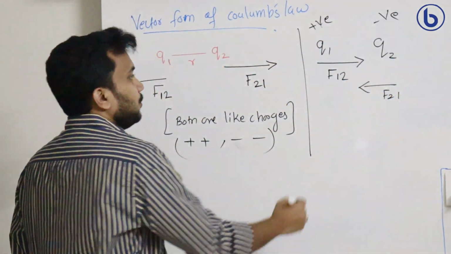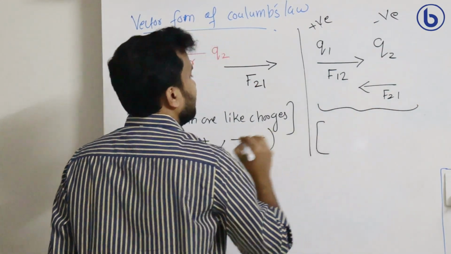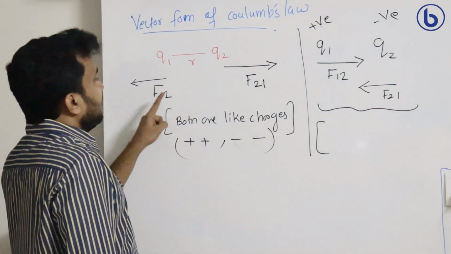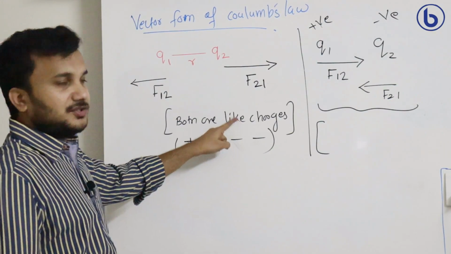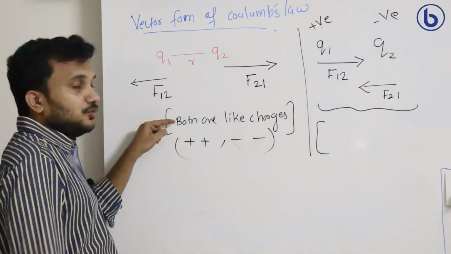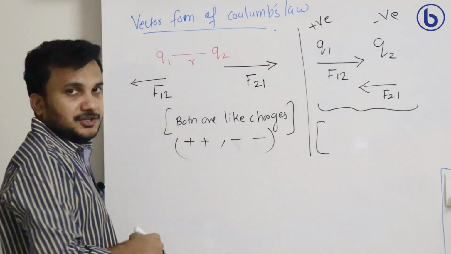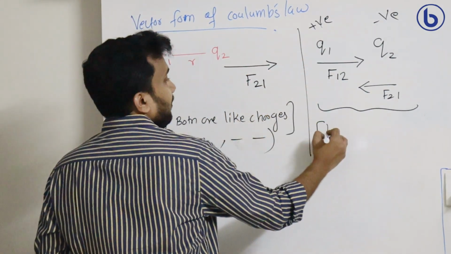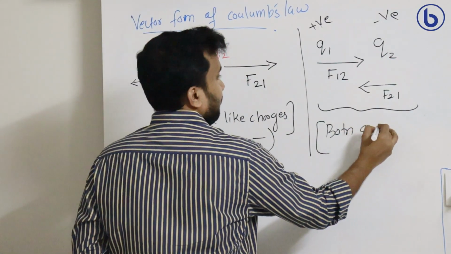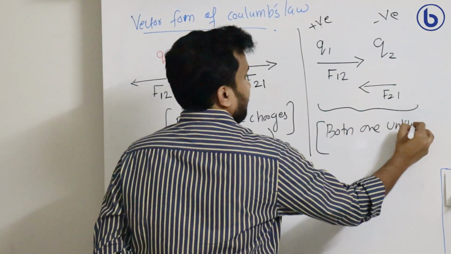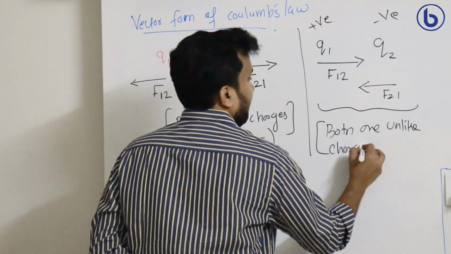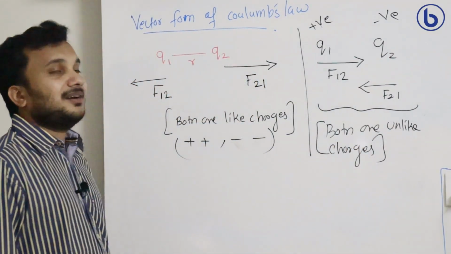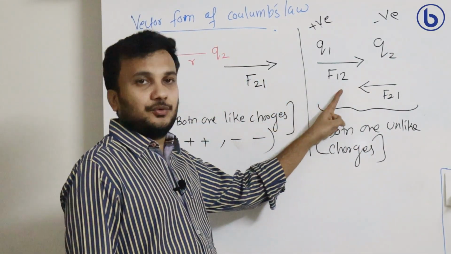Now if you analyze, the difference between the two cases is that if both are like charges, the repulsive forces act in opposite directions. If both are unlike charges also, you will get two forces.